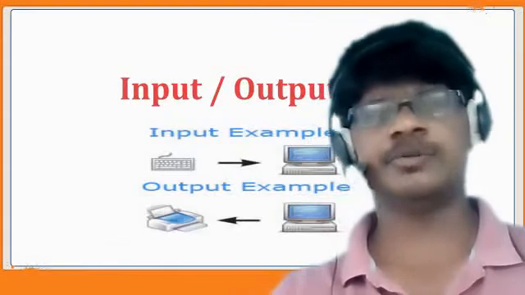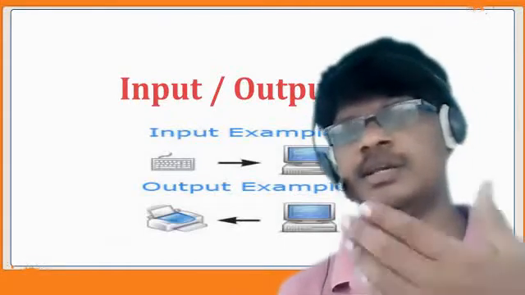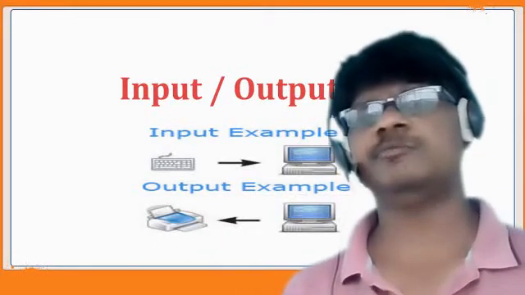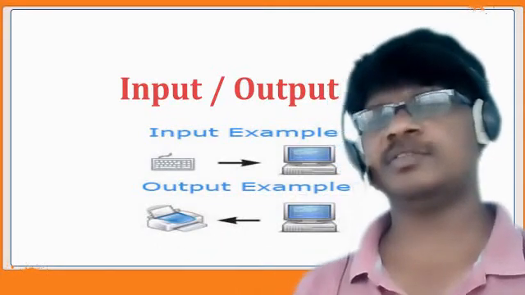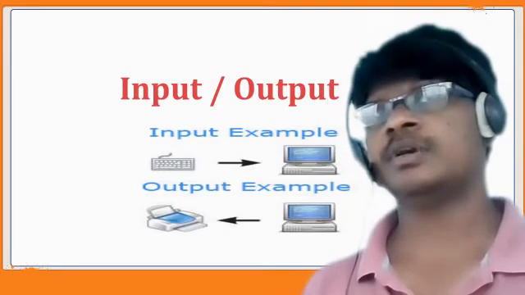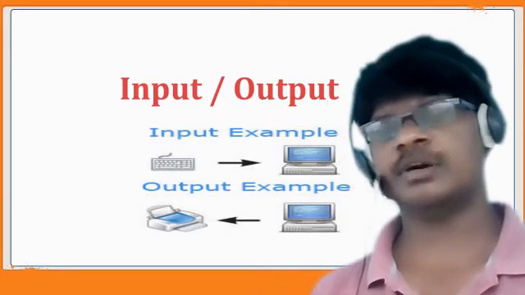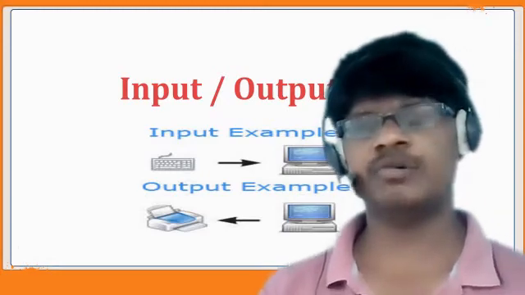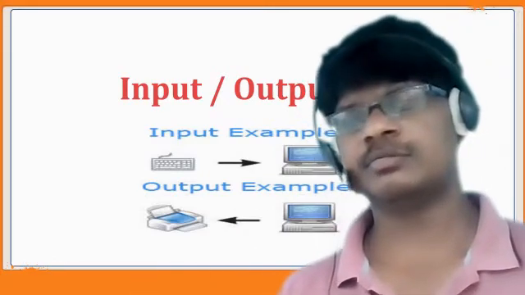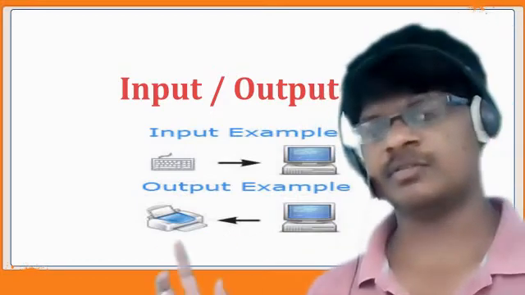So what is an input and output module? Here you can see an example. The input module: whatever information or data we are giving to the computer, using a keyboard or mouse or something like that, is called input.